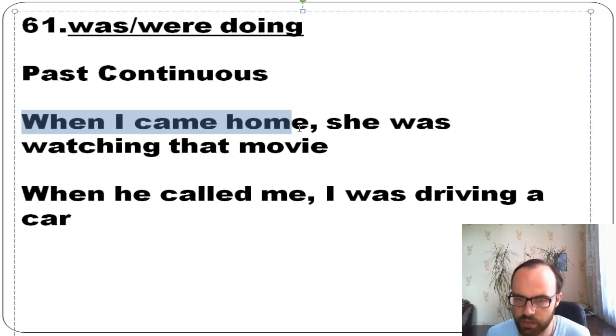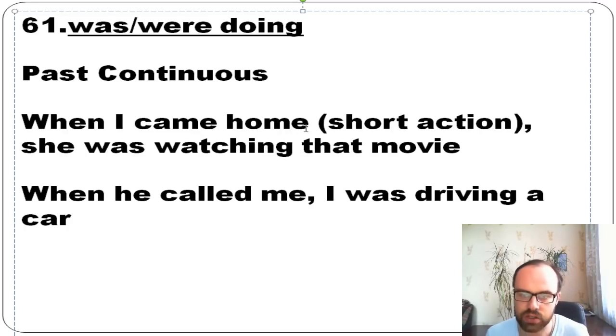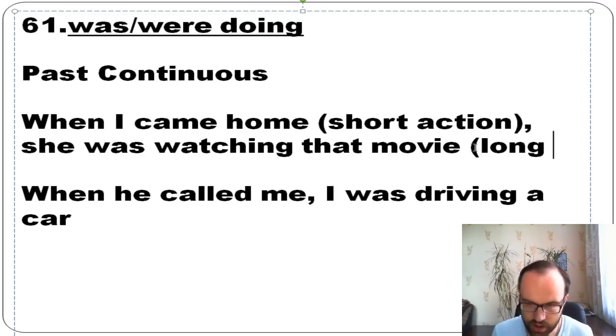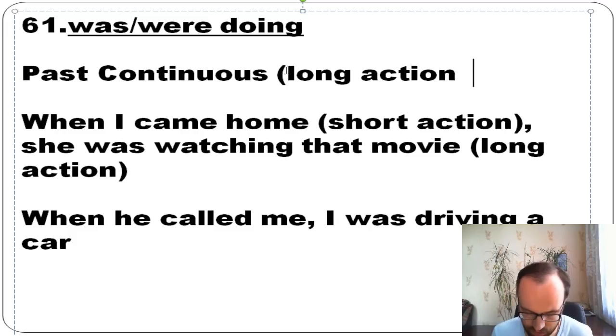So when I came home, it's a short action, and she was watching that movie. It's a long action, and then suddenly I came home. So it's short and long. So we use it for long actions.